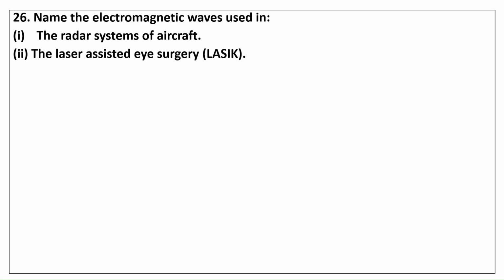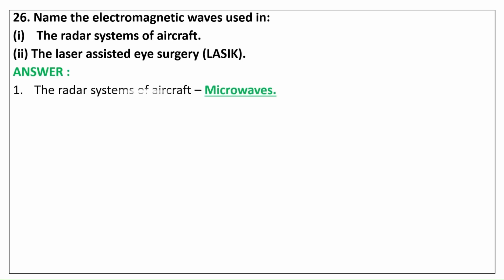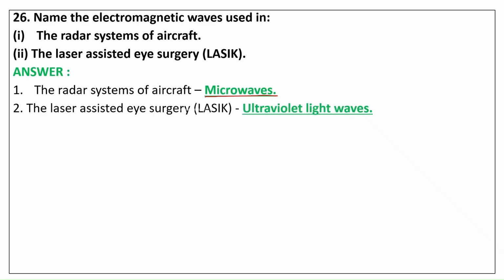Next. 26. Name the electromagnetic waves used in 1. The radar systems of aircraft. 2. The laser-assisted eye surgery, LASIK. Answer. 1. The radar systems of aircraft use microwaves. 2. The laser-assisted eye surgery, LASIK, uses ultraviolet light waves.